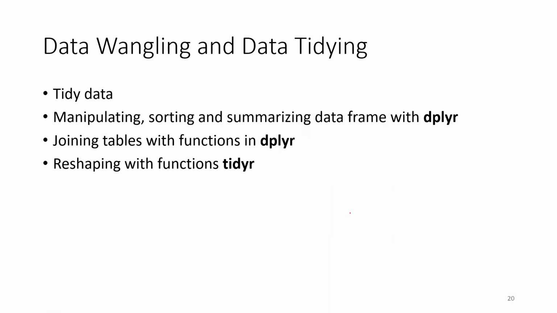In this section, you're going to be learning how to identify a tidy data set, manipulating, sorting, and summarizing a data frame with functions from the dplyr package, joining tables with functions in the dplyr package as well, as well as reshaping data frames or tables with tidyr functions.